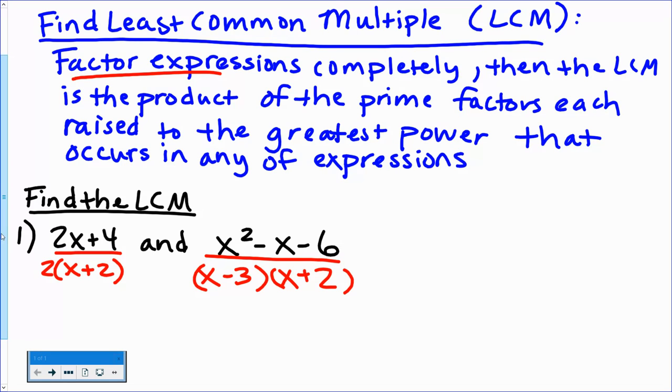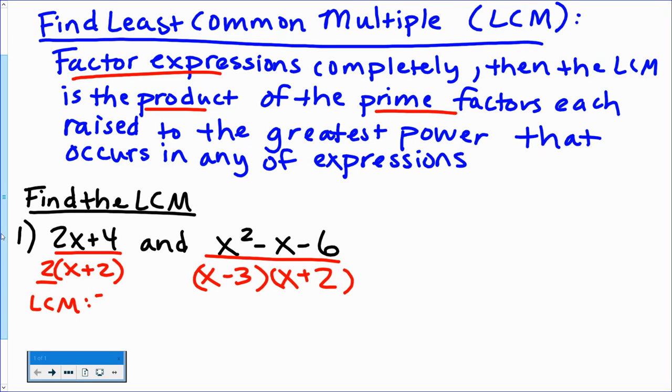And so then my least common multiple is the product. So I'm multiplying together all of the prime factors. In this case, every different factor would be a prime factor, and it would be raised to the greatest power that occurs in any of the expressions. There are no problems in here that have anything with exponents, so we don't need to worry about that part. But my least common multiple will include every different prime factor.